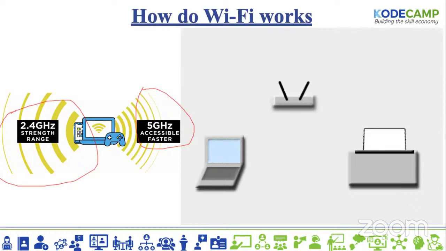Let's look at this in depth. These two Wi-Fi frequencies are split into multiple channels. The 2.4 gigahertz uses about 11 channels, and the 5 gigahertz uses about 23 or 24 channels, if I'm not mistaken.